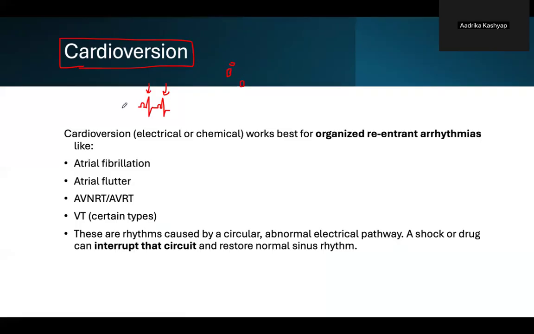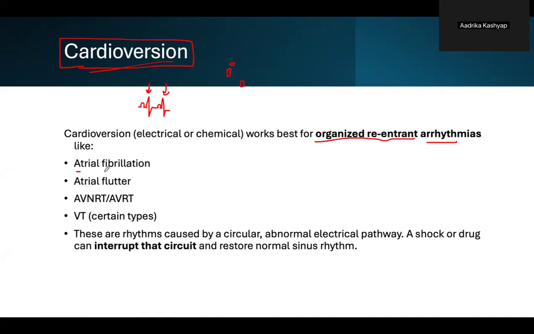It's not that serious. You're focusing on the peaks, and you can only do this for an arrhythmia called an organized re-entrant arrhythmia, and I want to talk about why that's so.